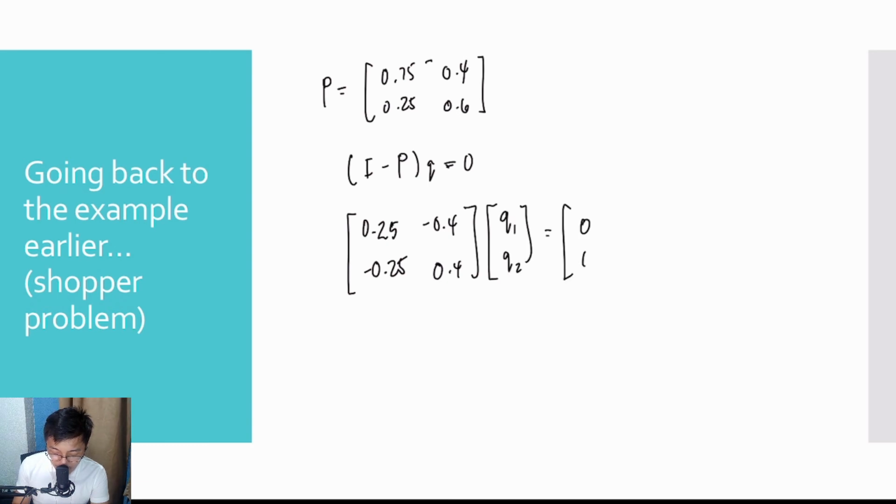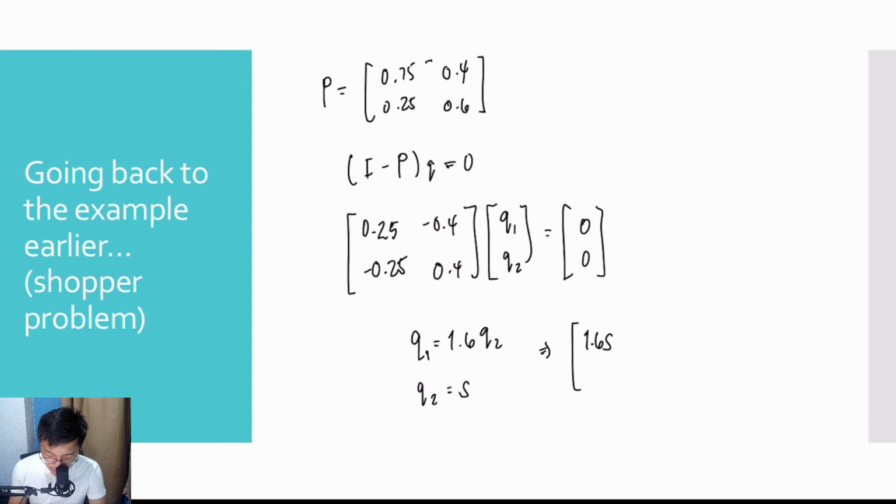We solve for the null space. So solving for the null space, I will not show all the computations, but we will have Q1 is equal to 1.6 Q2, and Q2 will be our free variable. Okay, so what is the solution space? We have 1.6 S and S, and this is our Q. But we want to get the exact value, right? So what to do to get the exact value?